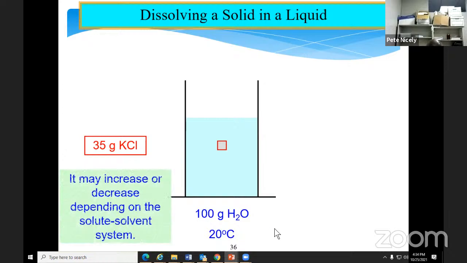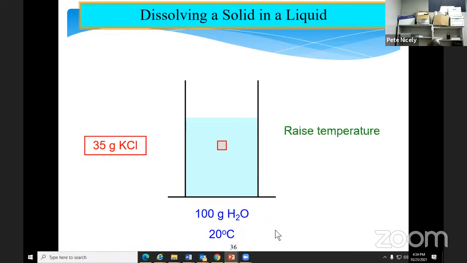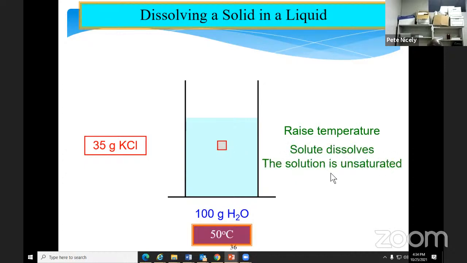If we increase the temperature from 20 degrees to 50 degrees, then the 1 gram of potassium chloride that did not dissolve will now dissolve. So at 50 degrees, the saturation level will be about 35 grams of potassium chloride per 100 grams of water.